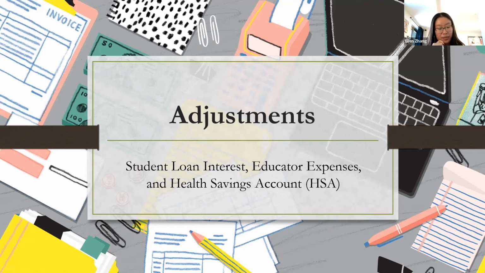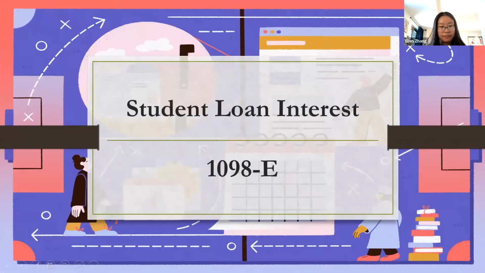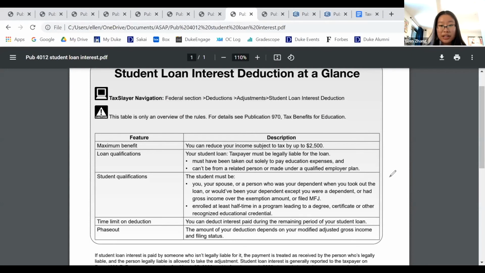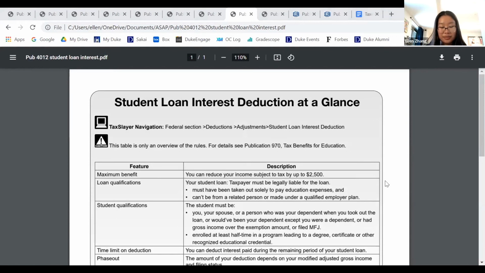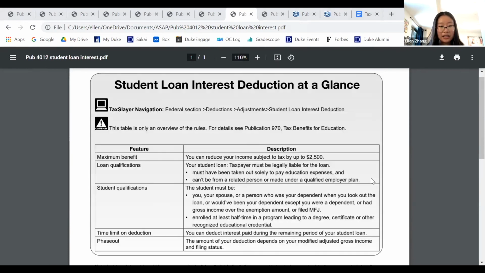So let's start with probably the most common one, which is the student loan interest. Usually you'll find this on a 1099-E, which I will pull up a mock 1099-E right now. Or actually, we're going to look at this chart first, then I'll pull up the 1099-E.